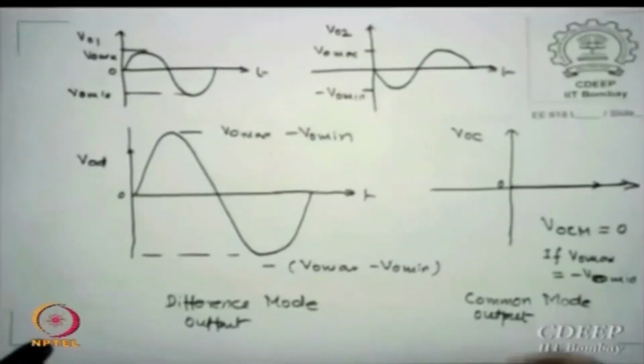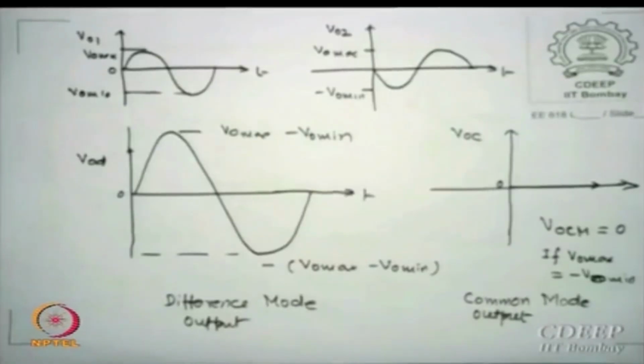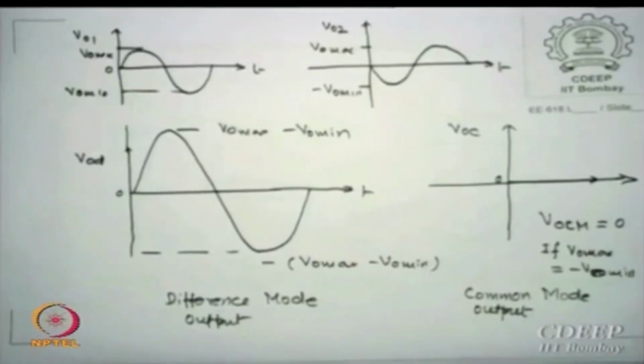So you may have VO1 and VO2, because of opposite polarity they may look like this, and if I subtract, take a differential of them, the peak value is VO max minus VO min, minus VO min minus VO max, and if they are equal and opposite, then twice the earlier values you can attain. However, the common mode, which is the average of the two, is still 0 because we are holding them equal.